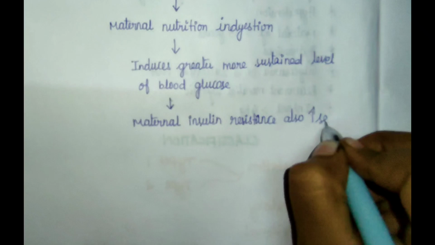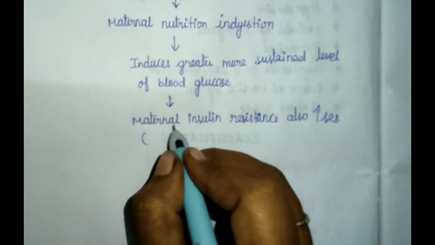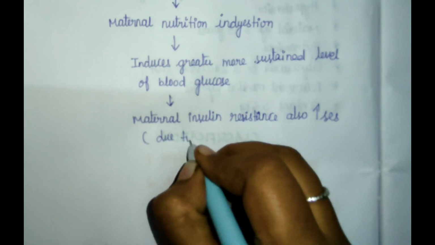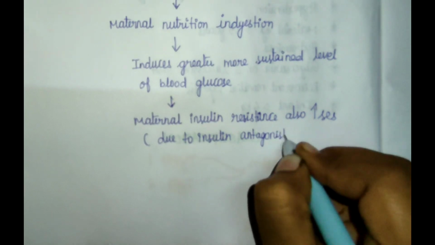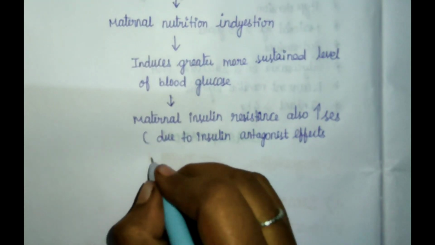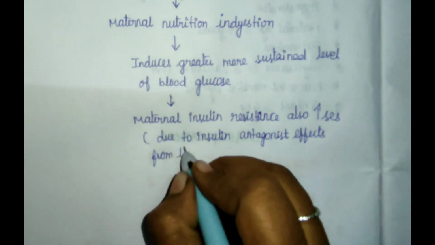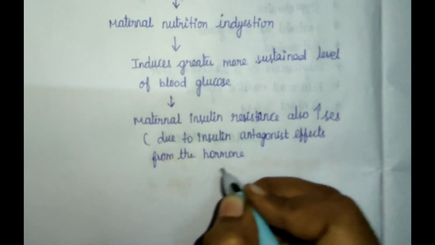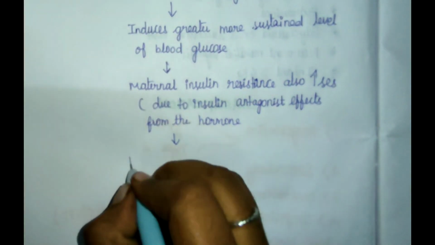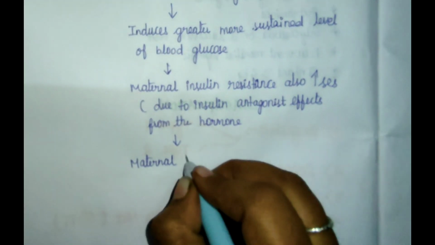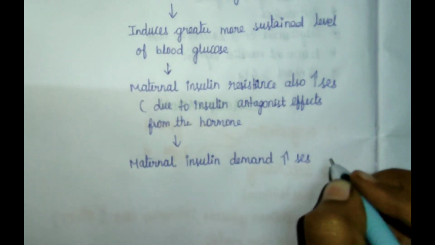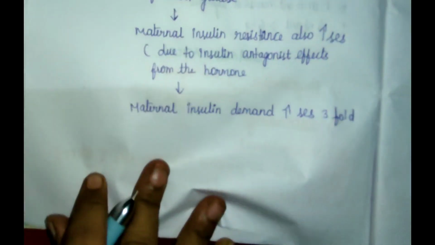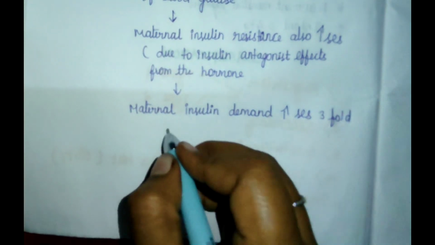Maternal insulin resistance also increases due to the insulin antagonist effects from the hormones. So maternal insulin demand increases threefold. So the mother is capable of increasing the production to compensate for the insulin resistance.